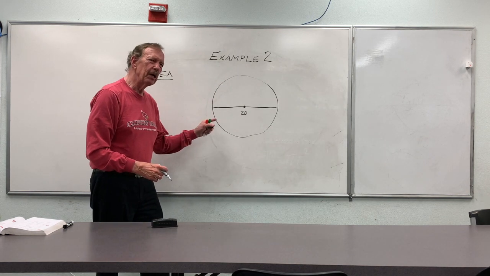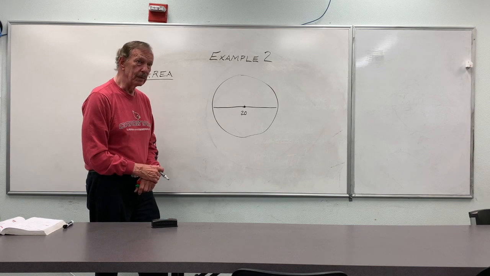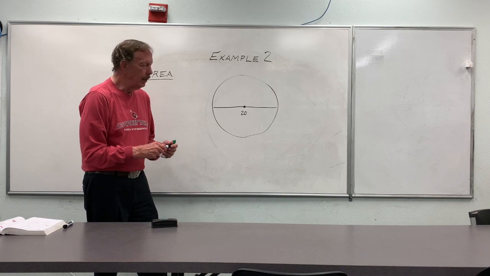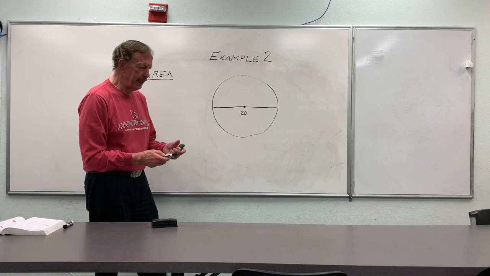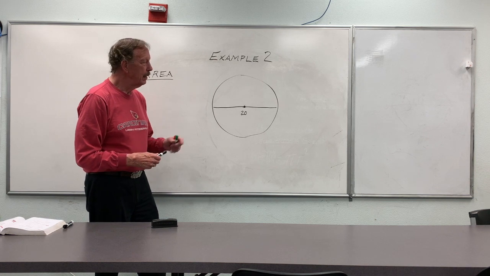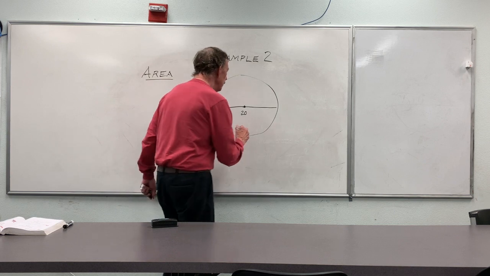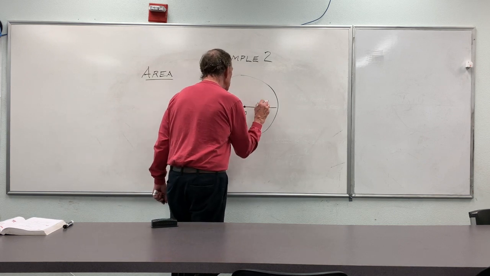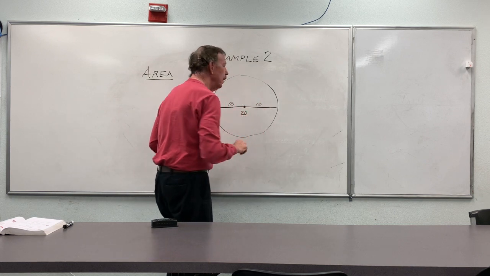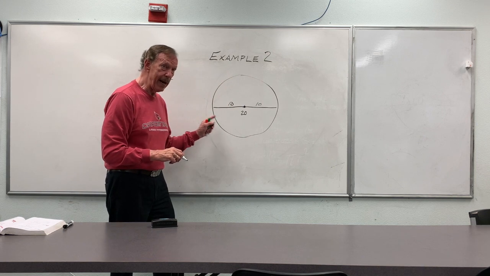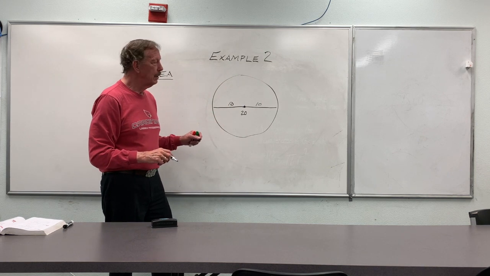What would be the area of this circle? Well, we don't have a radius, we have a diameter. Each radius here would be 10, because a radius is half the diameter.